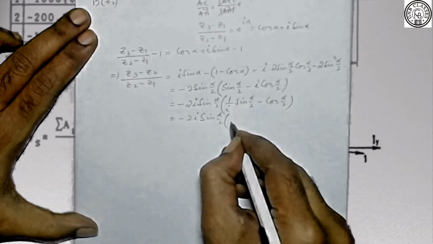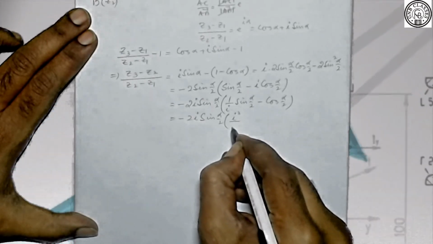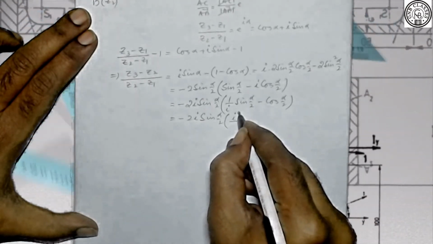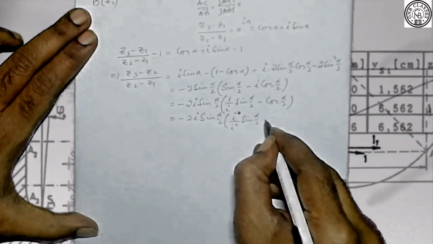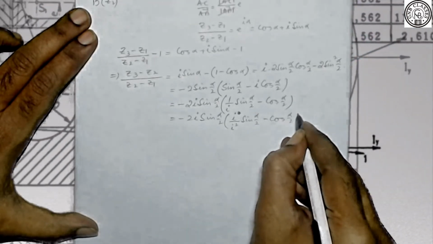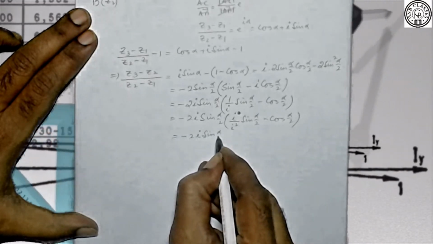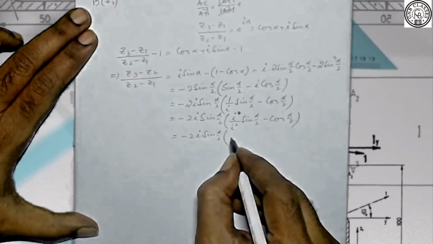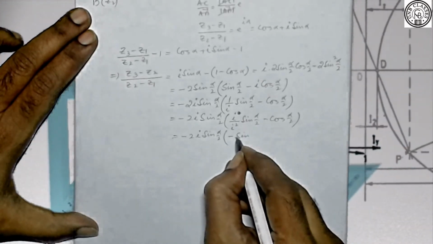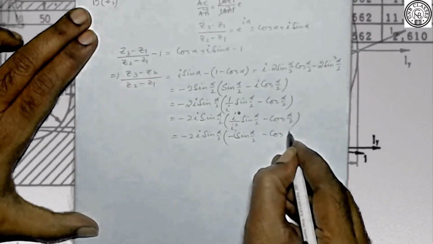1 by iota can be written as iota by iota square, sin alpha by 2 minus cos alpha by 2. Iota square is minus 1, so we are having minus iota sin alpha by 2 minus cos alpha by 2.